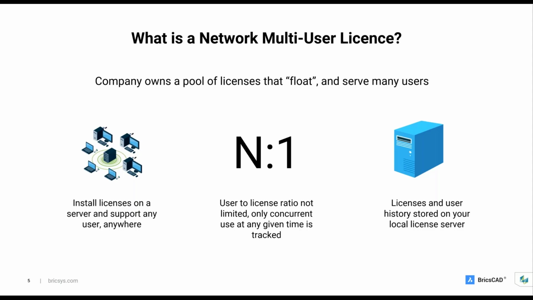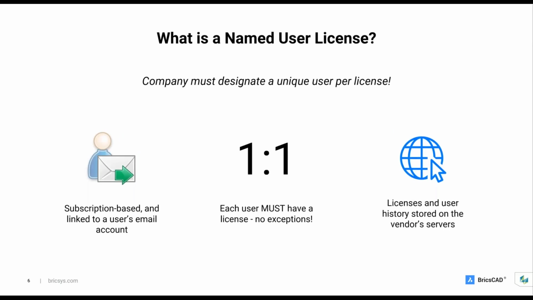Okay, so that's network licenses, network multi-user licenses. So now let's contrast that, if you would, with this concept of a named user license. A named user basically says that every user has to have their own subscription or license, however the software vendor likes to put it. Autodesk typically will say subscriptions, and it is linked to the user's email account. So there is a one-to-one ratio here.